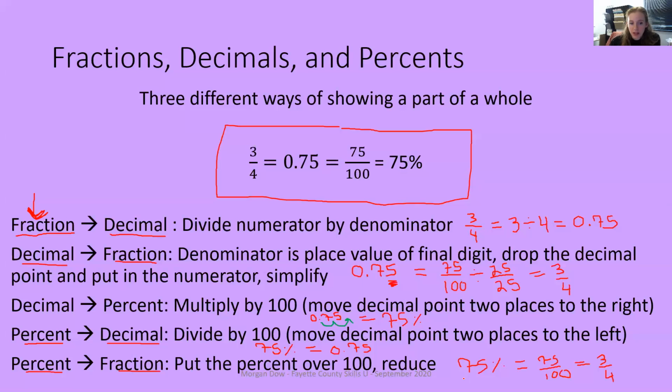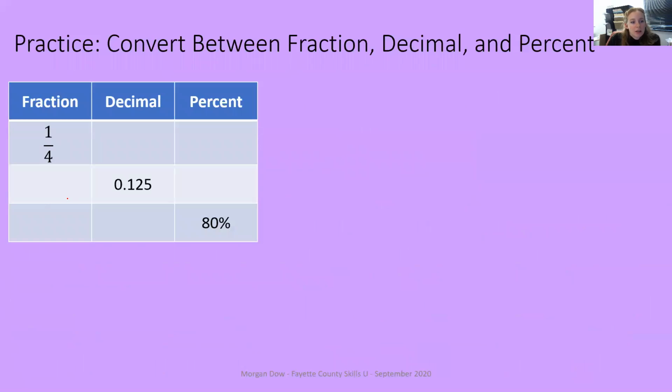Okay, so I hope you've taken some notes on these steps here because we are going to get some extra practice with converting between these 3 types of numbers. So converting between fraction, decimal, and percent, I've got a table here with some missing values. In the first row, I've told you the fraction, and you are going to fill in the decimal and the percent.